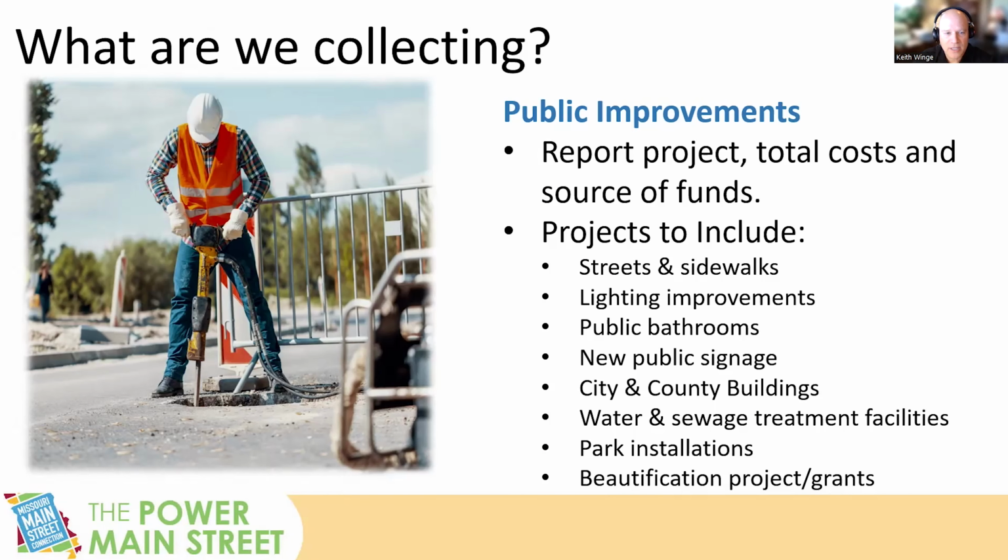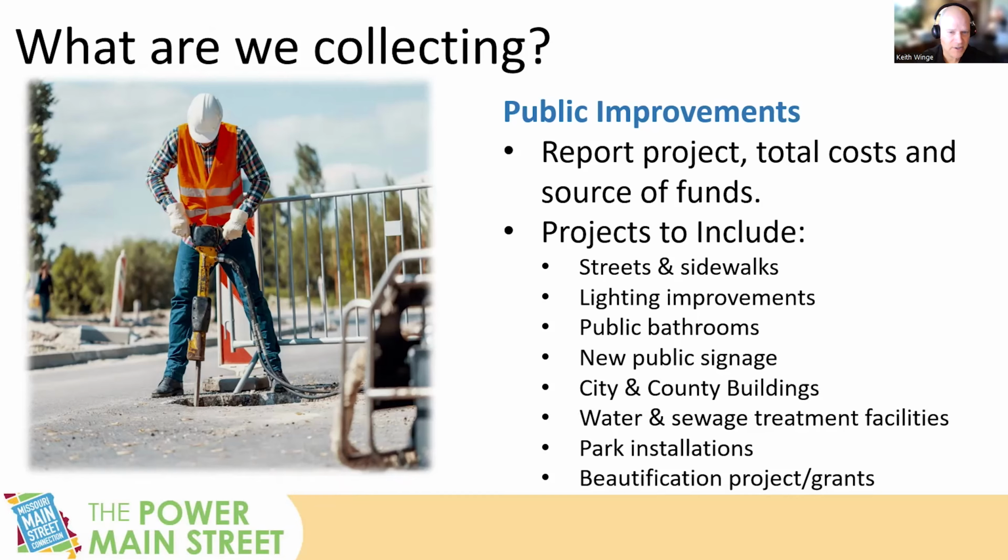So let's get into the bullet points for the items that are part of the collection and submission process. So the first thing is public improvements. And so for each of these, you're going to see we ask particular questions. So in this area, it's what is the project name? Maybe it's a street, maybe it's a building, total cost, and then what are the sources of the funds?